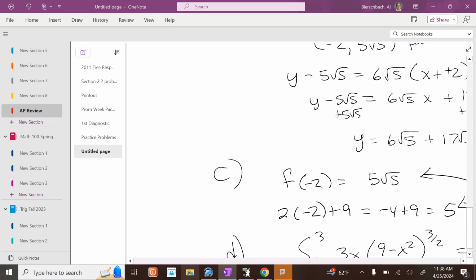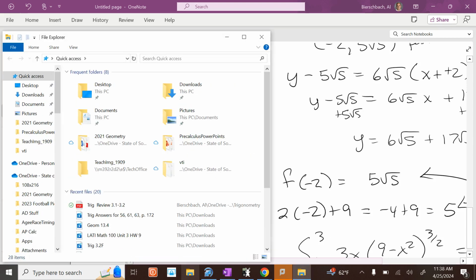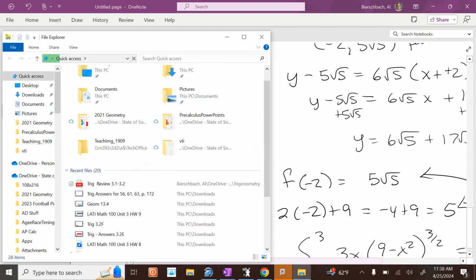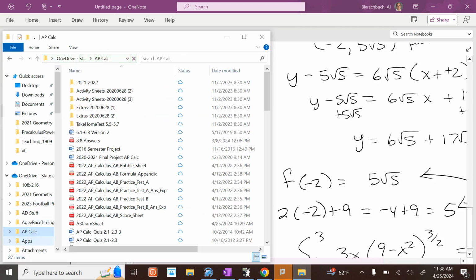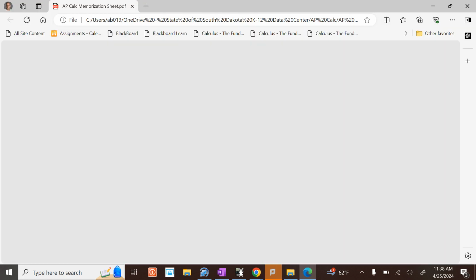Boom, boom. AP Calc. AP Calc memorization sheet. That's the one.